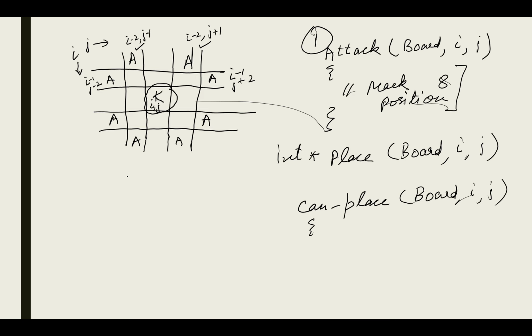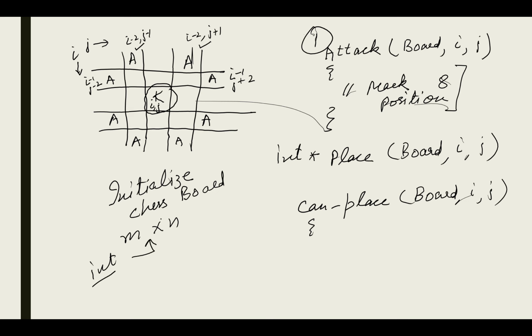Whenever we start developing the solution, we will initialize the board with all zeros. The size of the chessboard depends upon the user. You will get the size of the chessboard from the user, it could be of size m by n. You will get an array of this size, and then you will initialize the chessboard with 0.